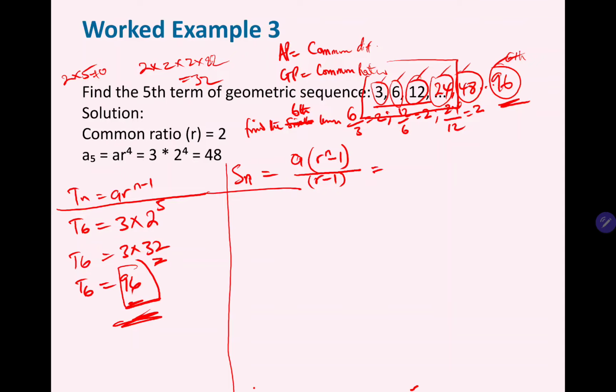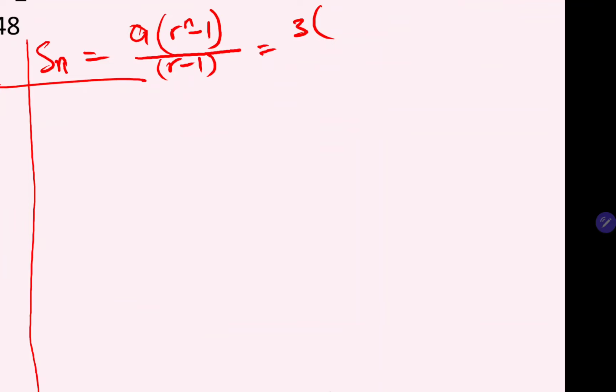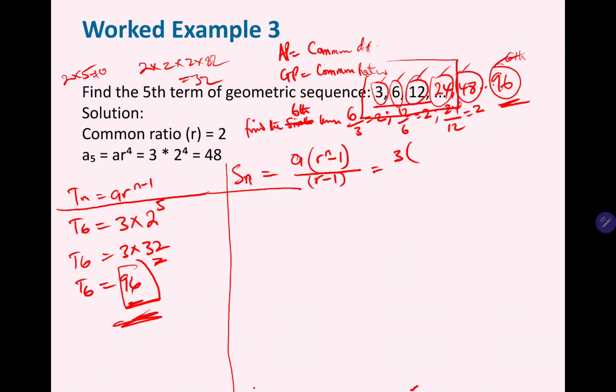A is the first term. What's the first term here? 3 into, just substitute all the numbers for the letters in the formula, and you get your answer. So this is 3 into, the common ratio here is what? 2. Yep, 2 raised to power what?